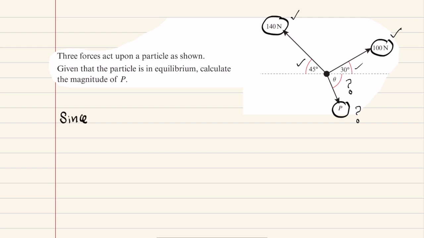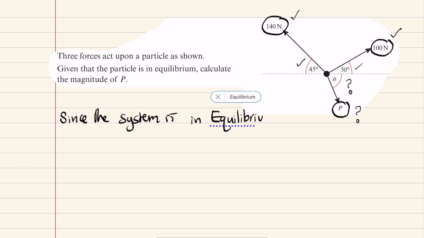Since the system is in equilibrium, all the forces acting in the vertical direction, and all the forces acting in the horizontal direction, which is along the x-axis, would add up to 0.